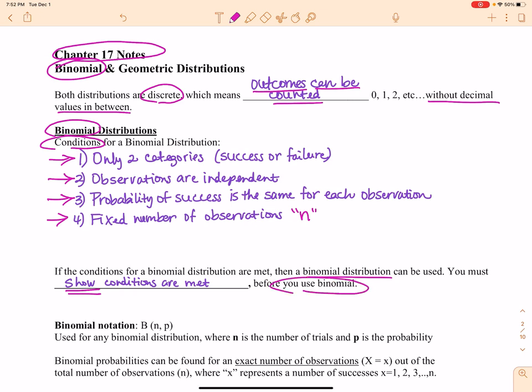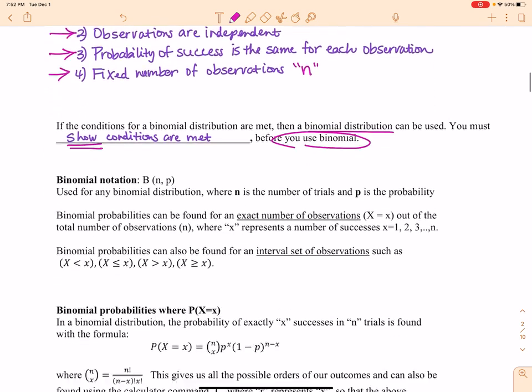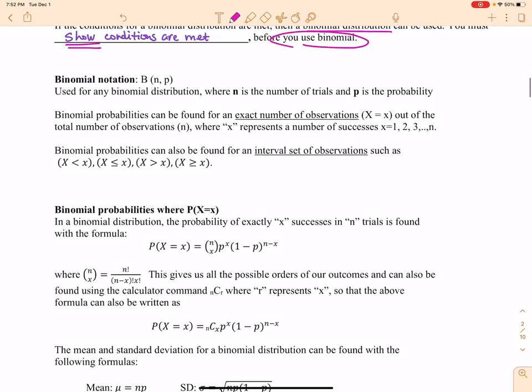All right, so when we're talking about binomial notation, if I were to write this right here with specific values for N and P, then I would have something like this. Let's say I'm looking at 10 people and the probability of them being left-handed is 0.1. So that would be my binomial distribution for N observations with a probability of 0.1.